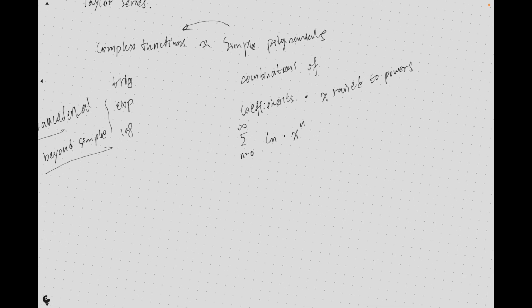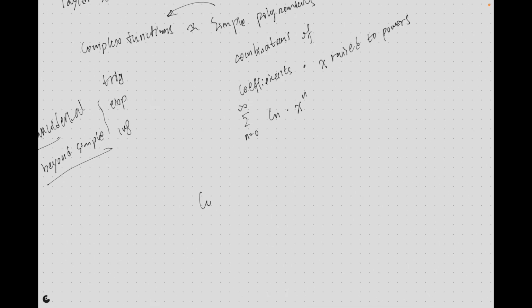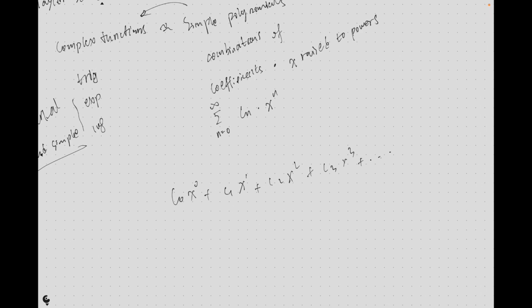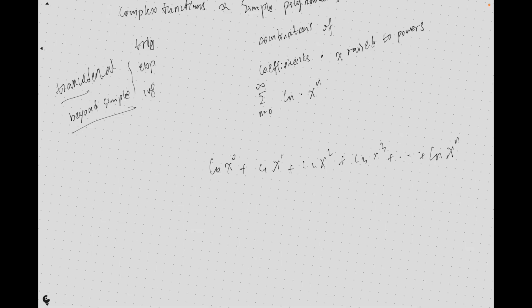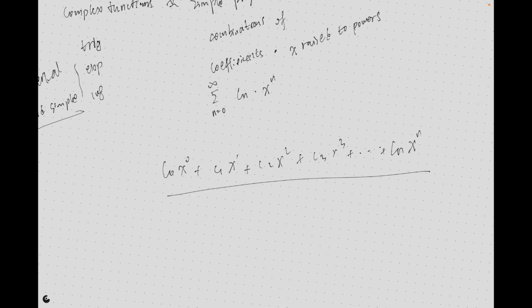So we can expand that, which is basically c0 times x to the 0 plus c1 x to the 1 plus c2 x to the 2 plus c3 x to the 3 plus ... and so on until plus cn times x to the n, right? So we're saying that you can have c0, c1, c2, c3 until cn that are different, and the power of x is different.